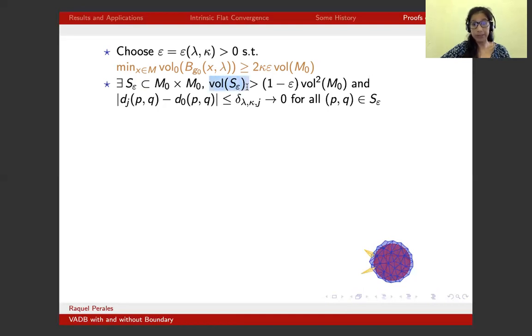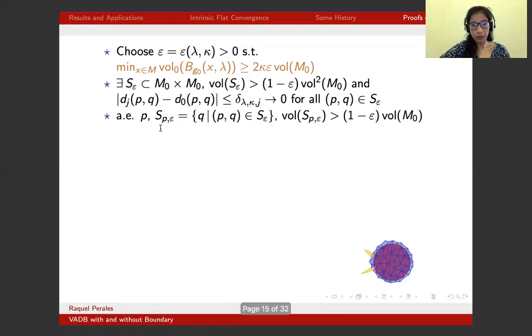So the volume of S_epsilon is almost the volume of M_0 times M_0, namely (1 minus epsilon) squared times the volume of M_0, where the distances d_j minus d_0 converge to 0. And we quantify this convergence with delta_{lambda,kappa,j} for all the points in this set S_epsilon.